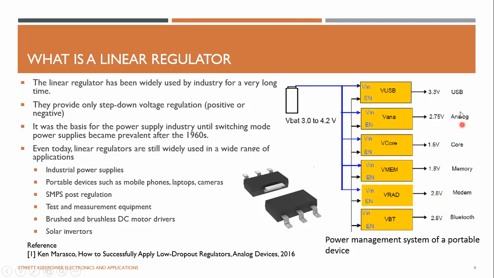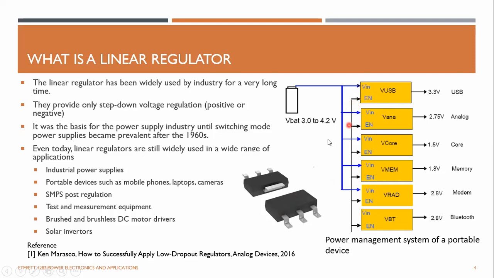These devices require different voltage rails to operate. In order to satisfy the requirement, you can couple linear regulators. I will discuss LDO regulators, the low dropout regulator types. In portable devices, to get multiple output voltages, you can use linear regulators.